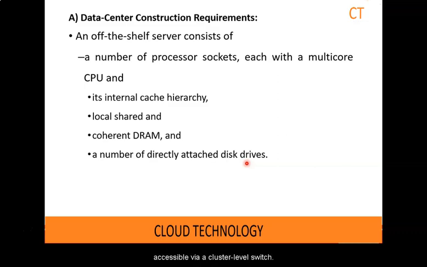Consider a data center built with 2000 servers, each with 8 GB of DRAM and 4 1 TB disk drives. Each group of 40 servers is connected by a 1 Gbps link to a rack level switch that has an additional 8 1 Gbps ports used for connecting the rack to the cluster level switch.